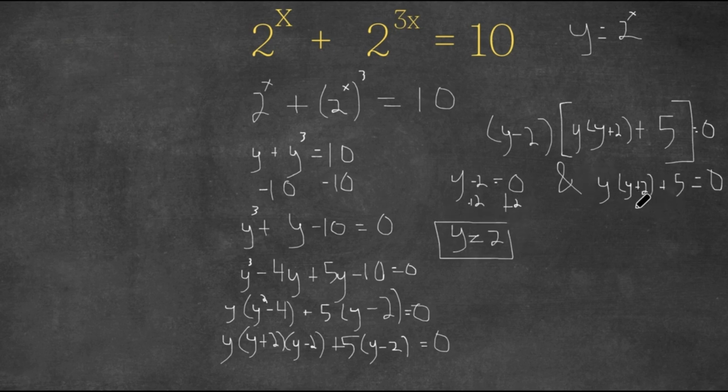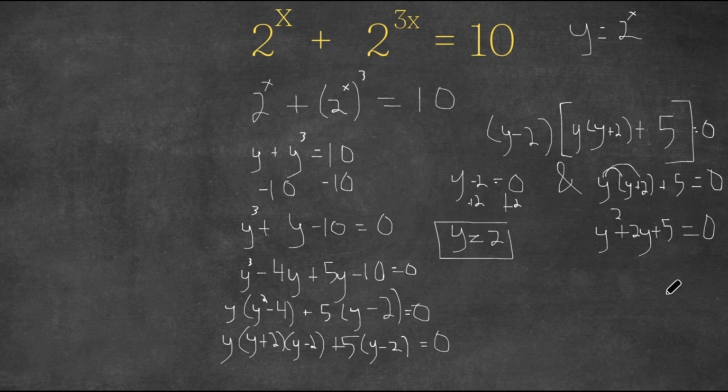And our next solution, well, let's first start by distributing our y here to y plus 2. So we get y squared plus 2y plus 5 equals 0.